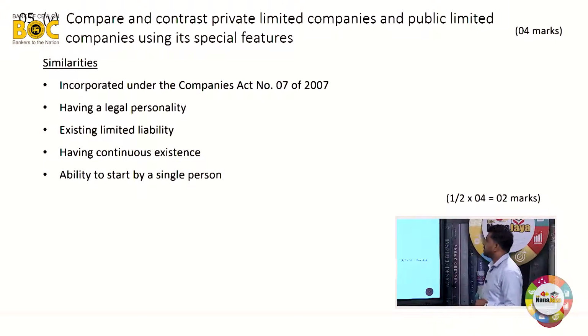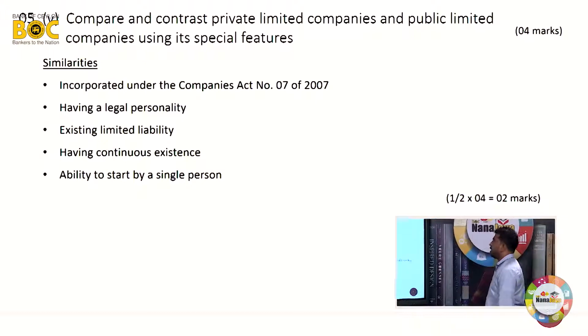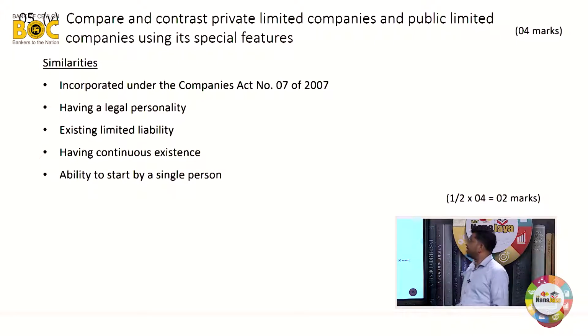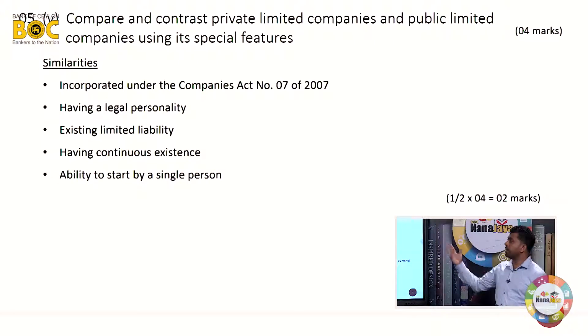Compare and contrast private limited companies and public limited companies using their special features. Here, compare means give similarities, contrast means give differences. These similarities can be noticed in private limited companies and public limited companies.